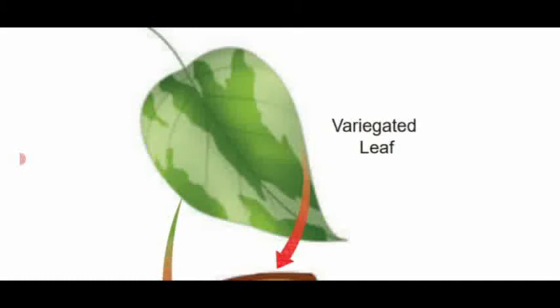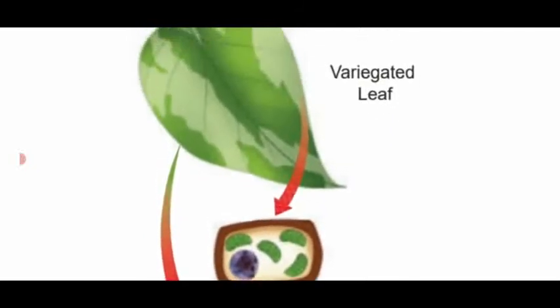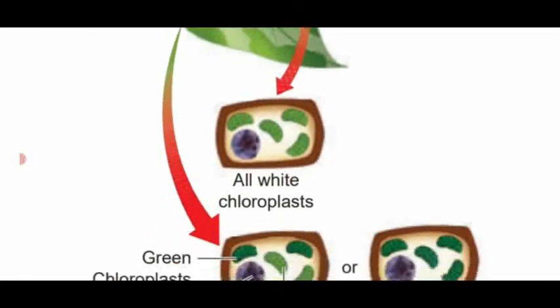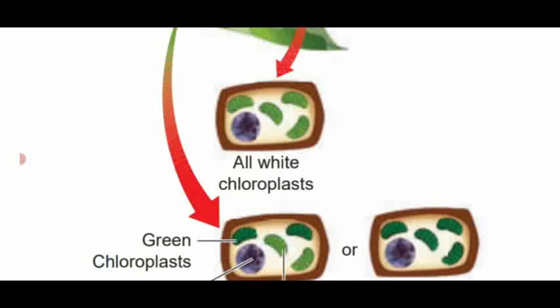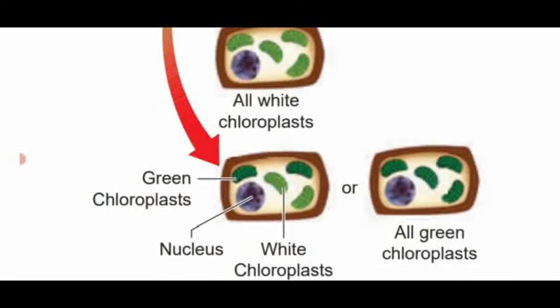See the diagram. First one is the cellular explanation of the variegated phenotype of leaves in Mirabilis jalapa. That is the variegated leaf, dark leaved. Another one is the pale green color. See the chloroplast, all white chloroplast. Second one is the nucleus chloroplast.